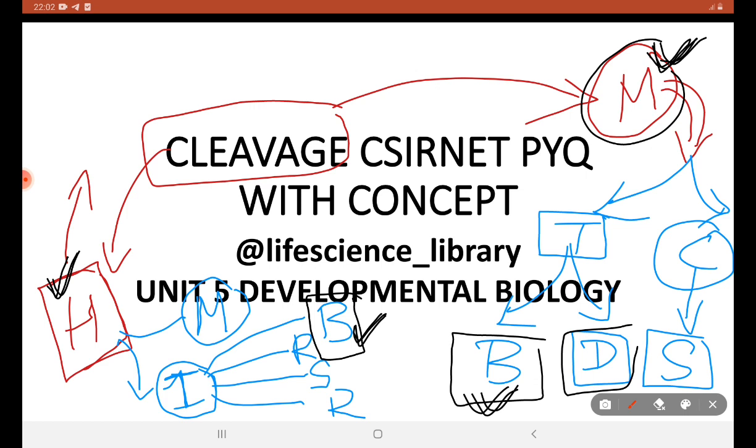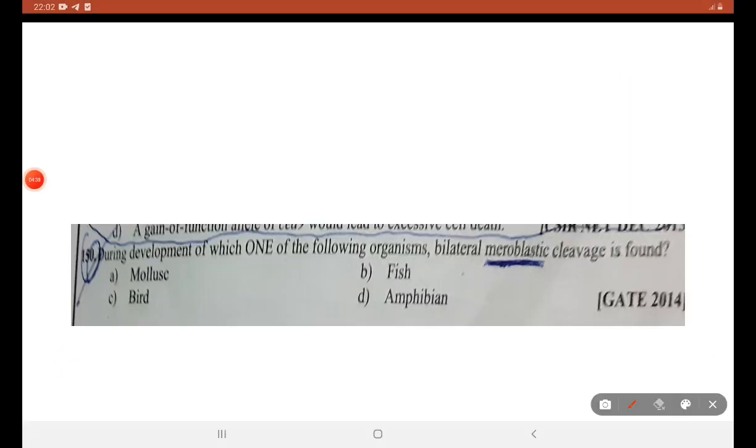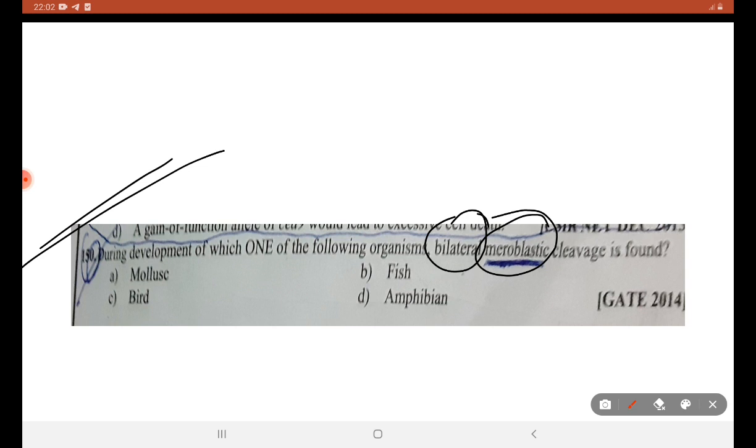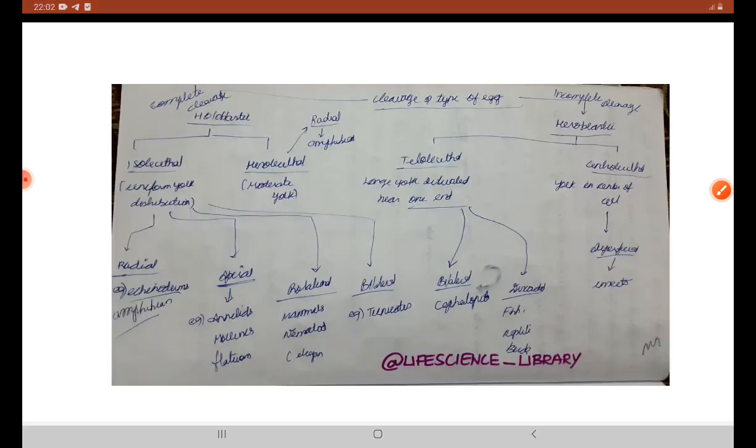Okay, this is the broad classification of cleavage. Now try to answer this question. During the development of which organism is bilateral and meroblastic cleavage seen? Bilateral meroblastic cleavage is seen in mollusca, that is cephalopoda.